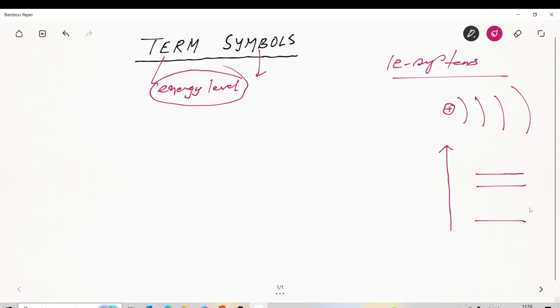By using the principal quantum number, n equals 2, n equals 3, and so on. So we can give the name of the term by using only one quantum number, that is the principal quantum number.